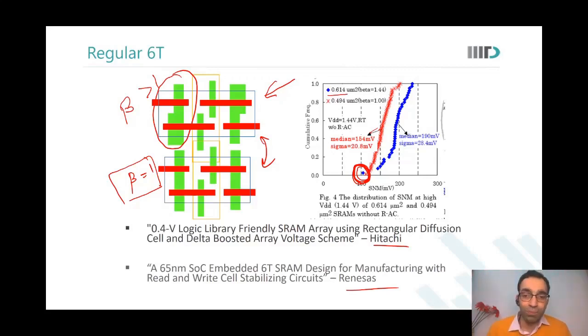But due to mismatches in manufacturing, do you realize that the worst case SNM of this array over here is worse than the worst case SNM of the denser array? The sigma is lesser. And that makes a very, very big difference.